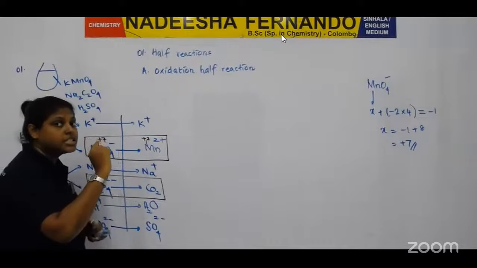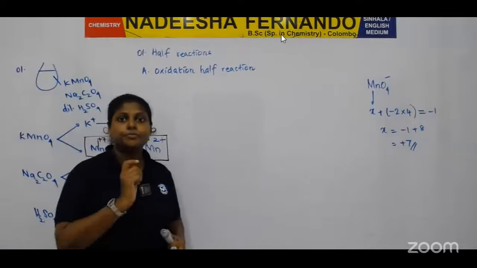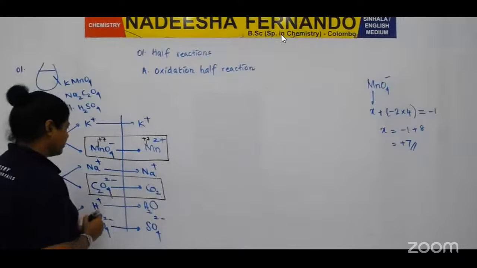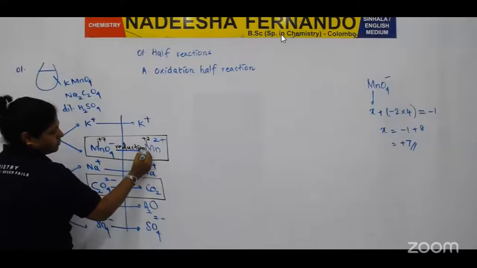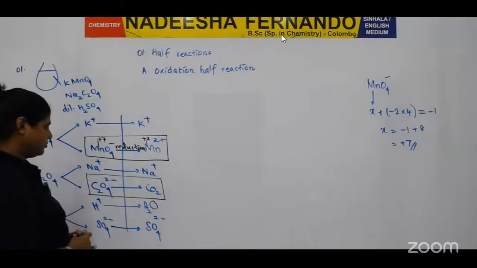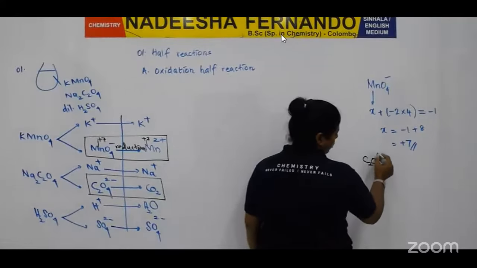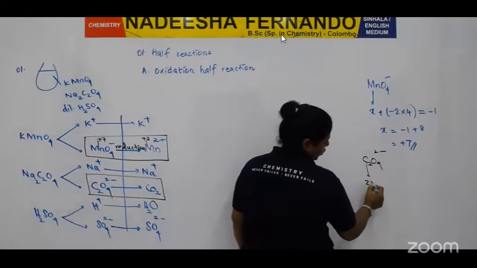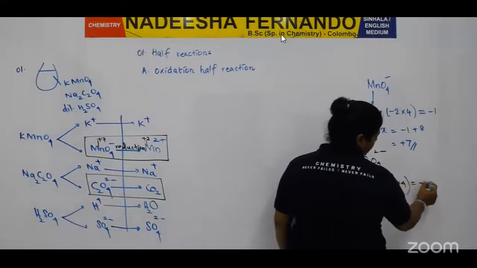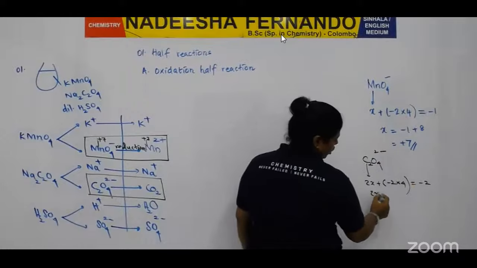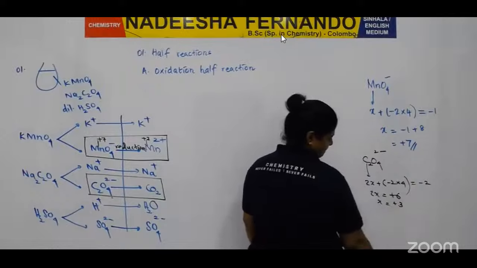Reduced positivity is called reduction. So this is reduction. Then look at the carbon dioxide and oxalate. C2O4 2 minus: 2x plus minus 2 into 4. The sum of these two equals -2. 2x equals +6, so x equals +3.